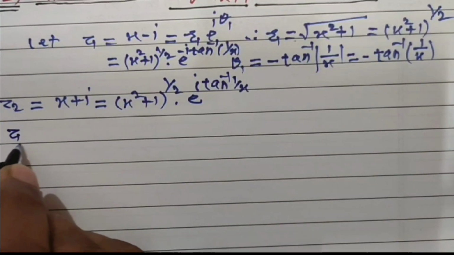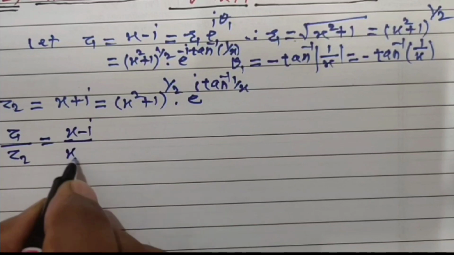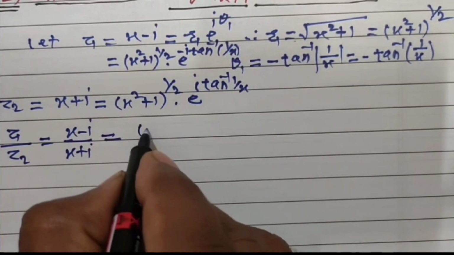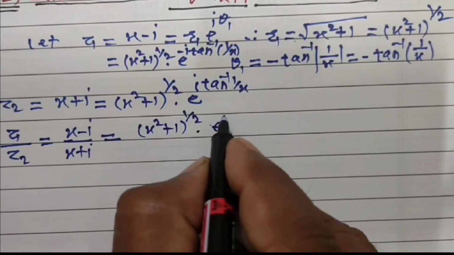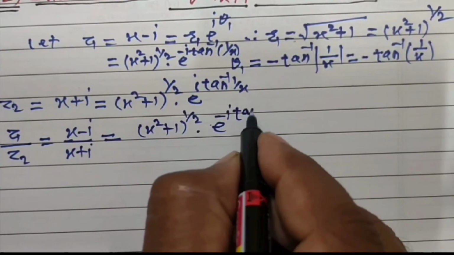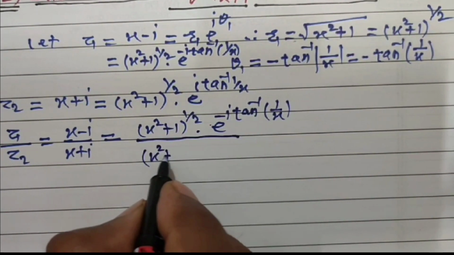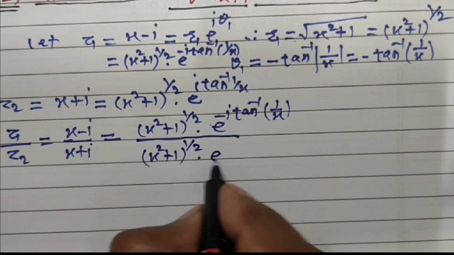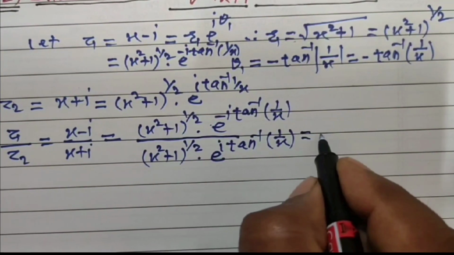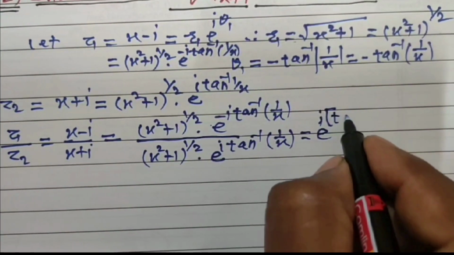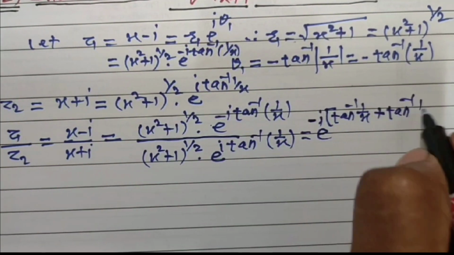Now z1 upon z2 is equal to x minus i divided by x plus i, and this is equal to x square plus 1 to the power half into e to the power minus i tan inverse 1 upon x divided by x square plus 1 to the power half e to the power i into tan inverse 1 upon x. So this becomes e to the power i, taking minus common, tan inverse 1 upon x plus tan inverse 1 upon x.